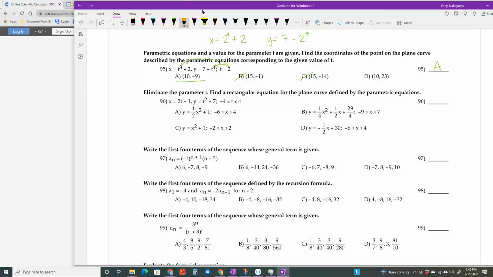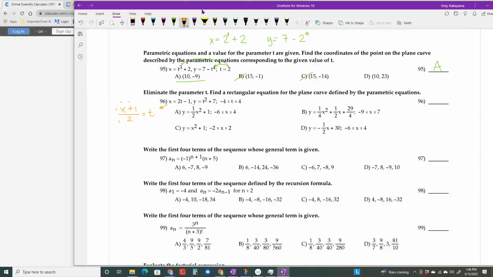Here, I'm supposed to eliminate the parameter. So in this case, I'm going to take the easier equation and solve it for t. So that's x plus 1 over 2 is equal to t, because I add the 1 and divide by 2. And I don't see anything like that in here, so I'm going to put it into the other equation.